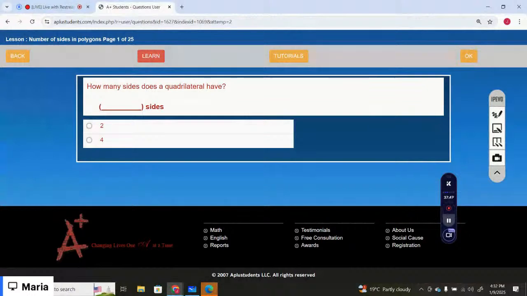Quad means four. So the quadrilateral has four sides. The correct option is four.